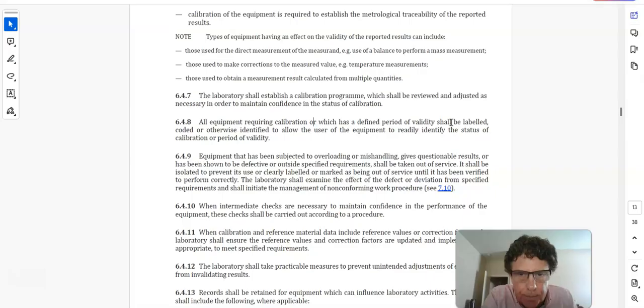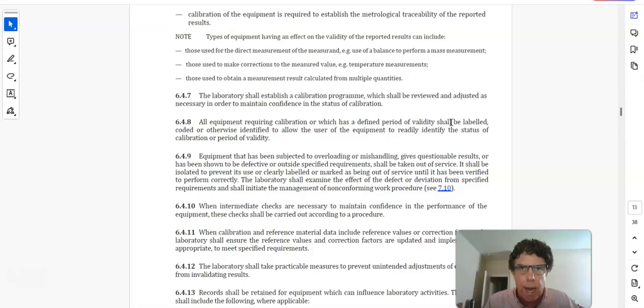That means that in reality, if an analyst in your lab doesn't know whether the piece of equipment they are about to use has been calibrated, then you have violated this section of the standard. The intent of this section is that when an analyst is going to use a piece of equipment that gives a measurement result, they are assured that that device has been calibrated.